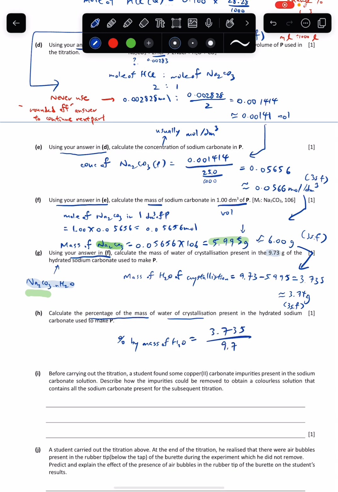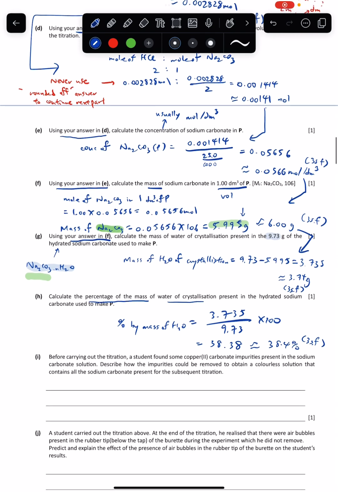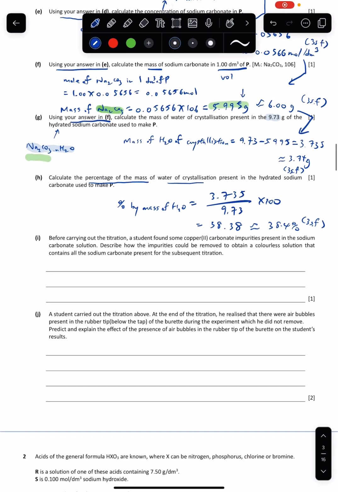Isn't it? That gives 38.38, which is 38.4%, 3SF. Yay! So that's it. So it's all 1 mark, 1 mark.